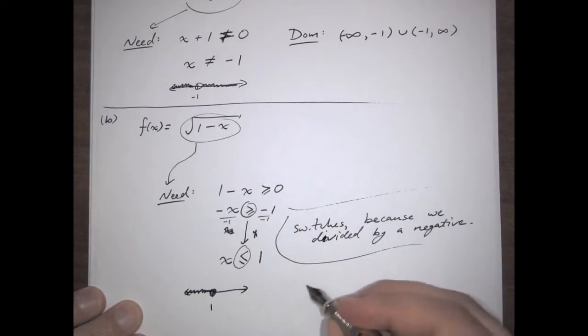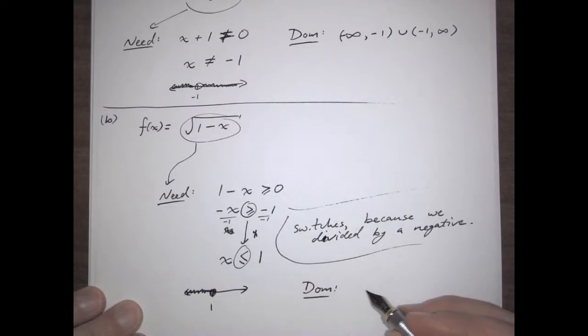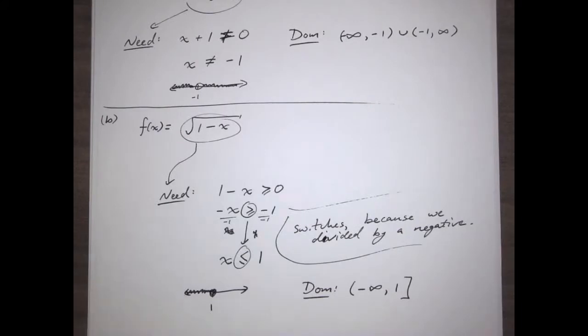So in other words, the domain here is going to be negative infinity to 1, exclusive and inclusive.